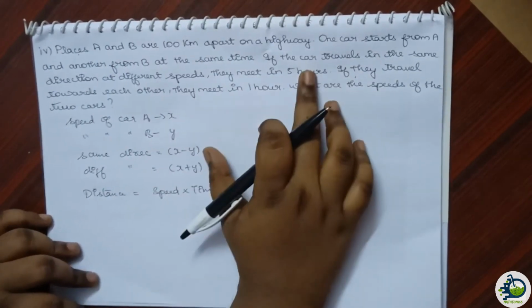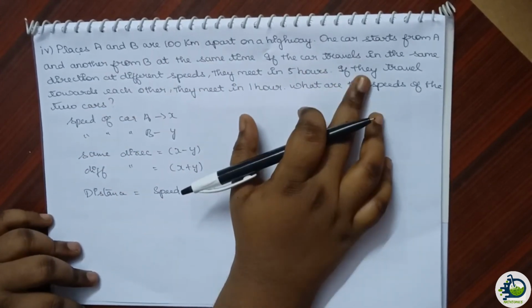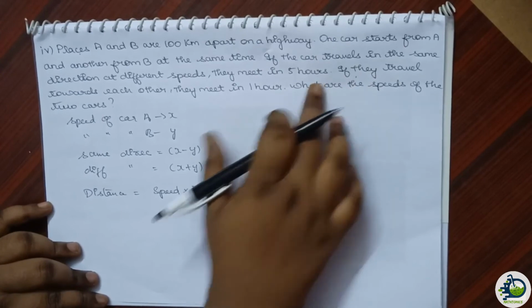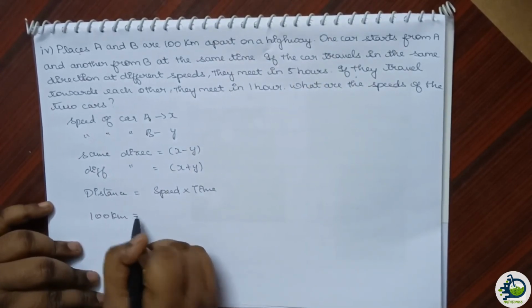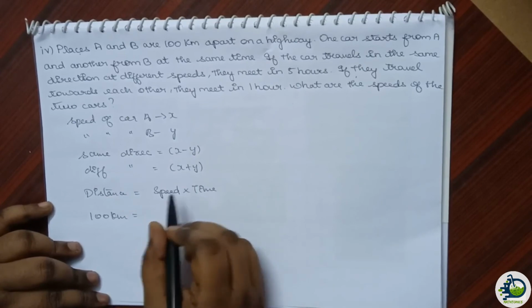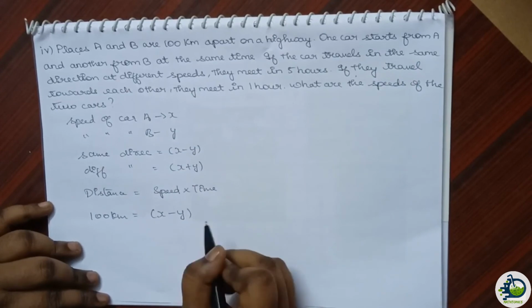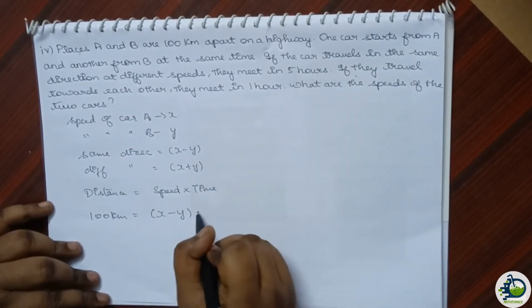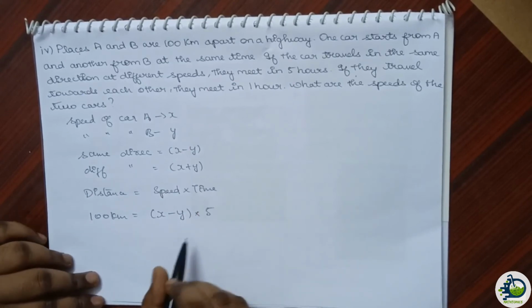Here they are telling that A and B are 100 km apart. If the cars travel in the same direction, they will meet in 5 hours. So the distance is 100 kilometers. We don't know their speeds. If they are traveling in the same direction, then we have to subtract their speeds and they will be meeting in 5 hours. So the time taken is 5.